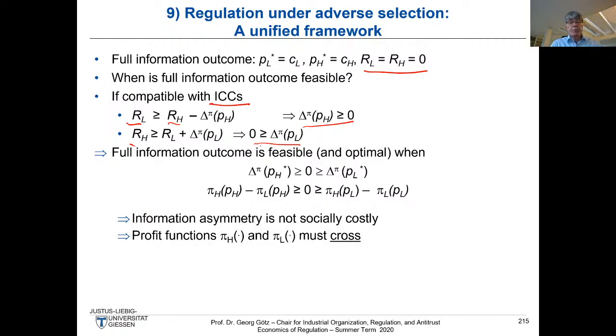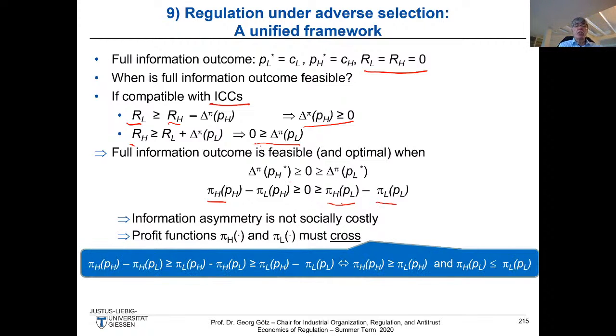The point here is information asymmetry is not socially costly in this case, and the profit functions must cross, because in the starting point pi H must be greater than pi L at the price pH, and pi H must be smaller than pi L with a low price.